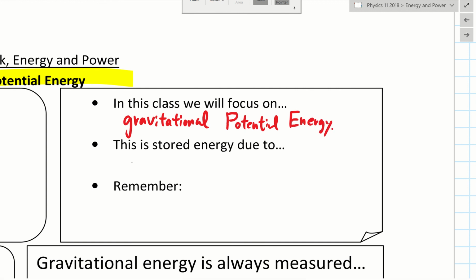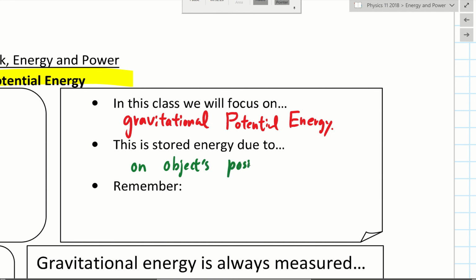This is the energy that you can store due to an object's position in height.